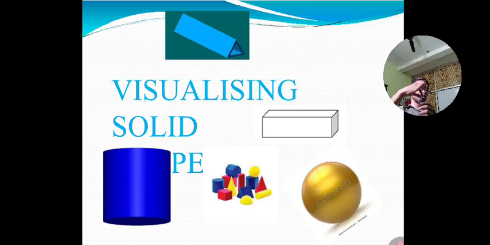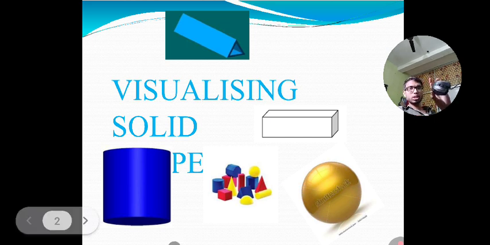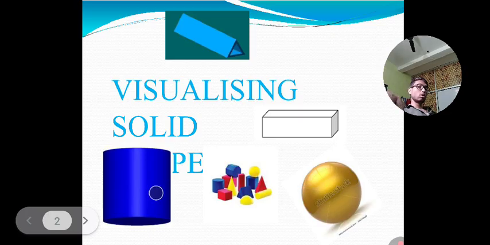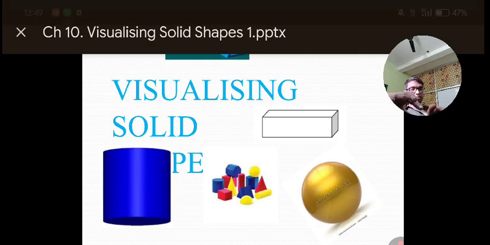It can be the shape of this mouse. It is a different shape. There are a lot of shapes. This is a rectangle. This is a circle. As you know, this is a cylinder. We are going to explore this.